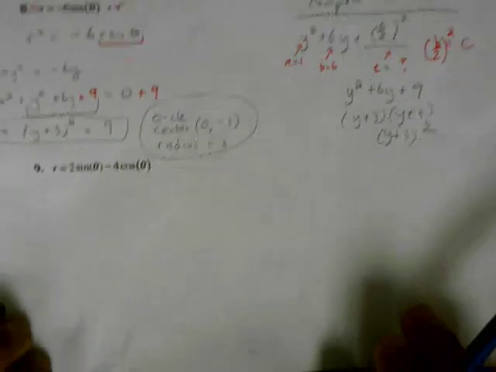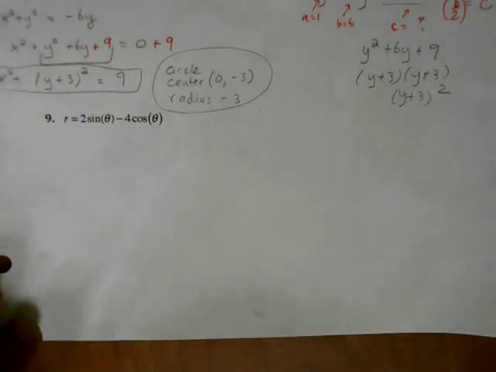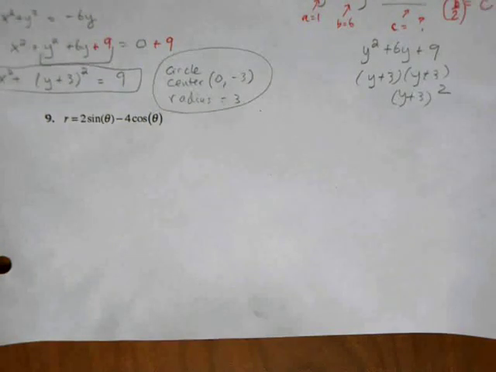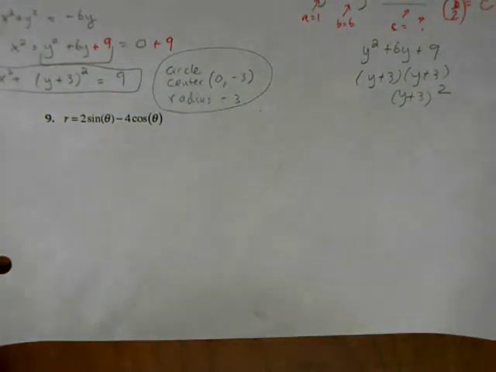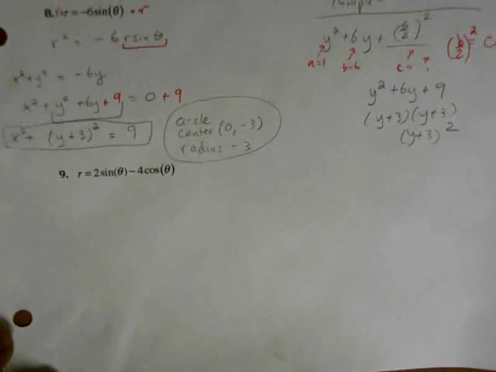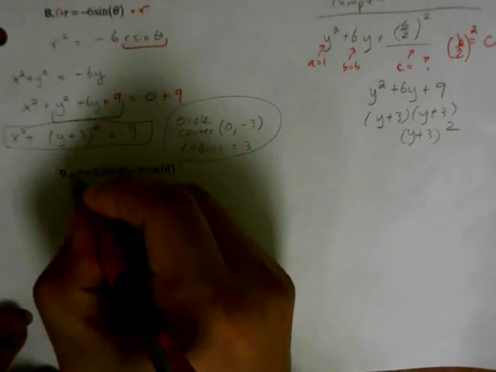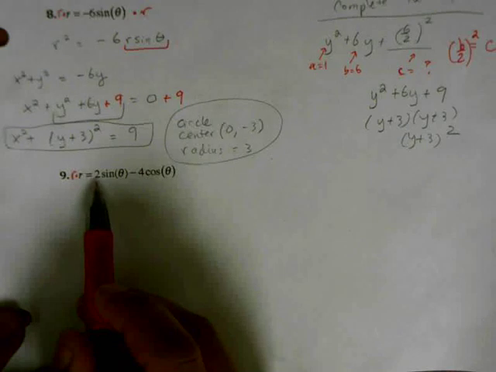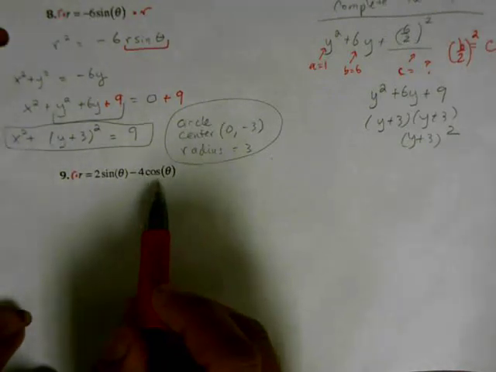Okay. All right, let's go on and finish our last problem here, which says r equals 2 sine theta minus 4 cosine theta. And I'm going to do the same thing that I did in the previous problem, which is multiply both sides by r. I could square both sides, that's possible, but that's going to end up leading me to a bigger mess on the right side here.